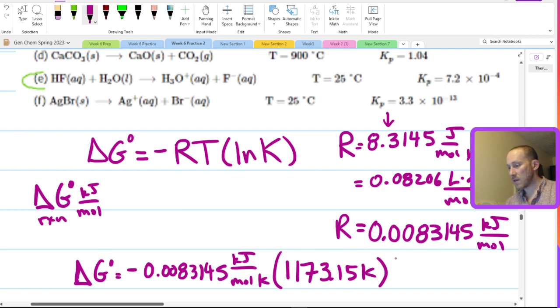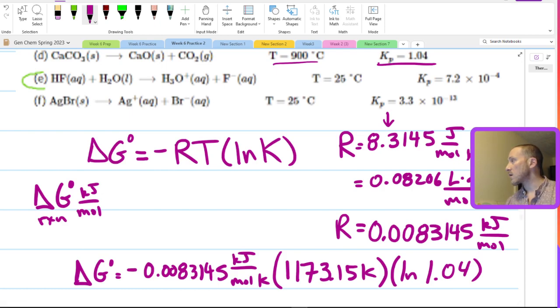And that is going to be times the natural log of the K that they give us, right? Here's the K they just gave us, which is 1.04. And I presume I did that math. Here, let me find it. Oh, you know, when I did this before, I now realize I read the wrong entry on there.